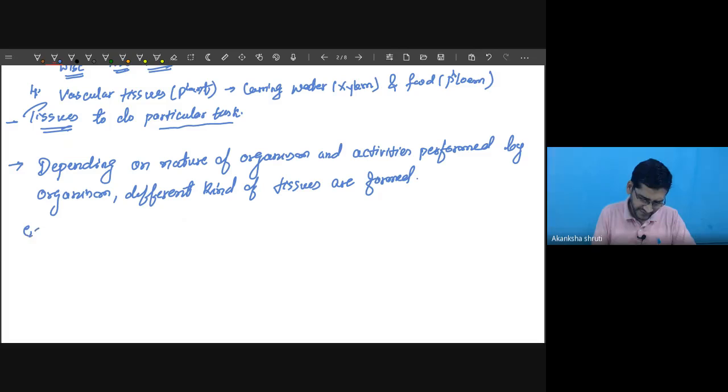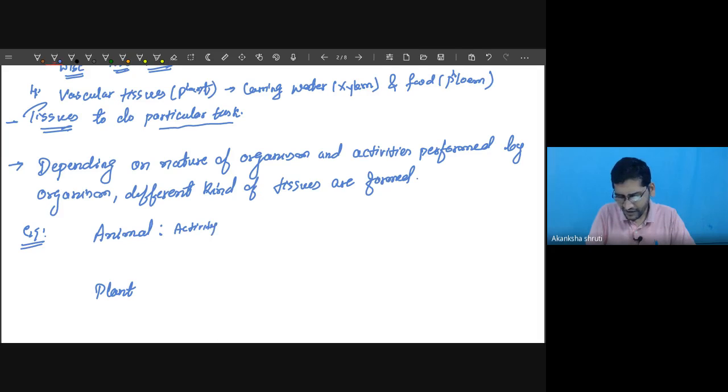For example, we have learned that on one side we have animals, on the other side we have plants. What are the activities performed by any animal which are different from a plant? They move from one place to another.